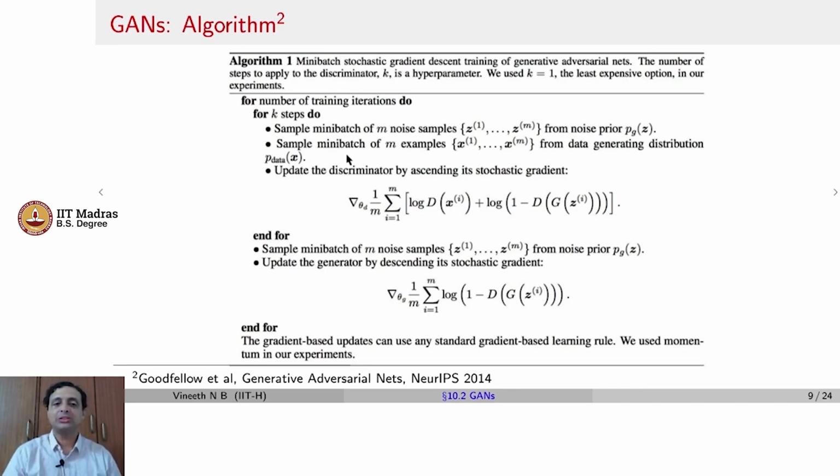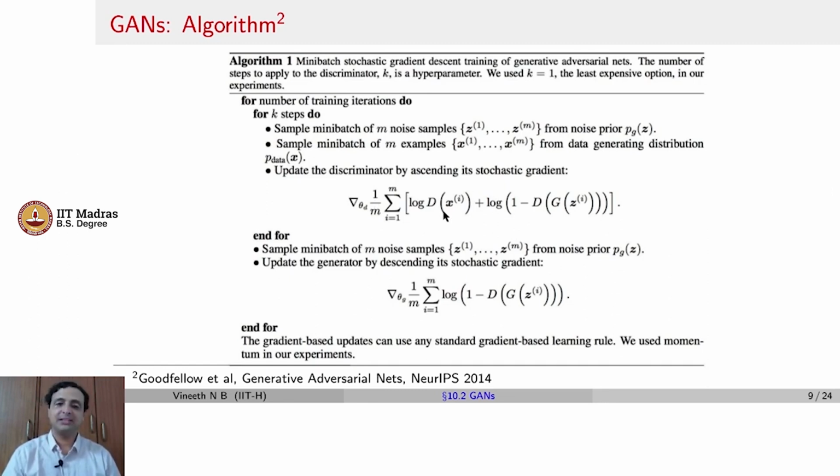Similarly, we also sample a mini batch of m examples from the original data distribution p data, which is your training data. Now remember, your overall objective is log of D of x plus log of 1 minus D of G of z, and remember that the discriminator wants to maximize both of these. That's what we said so far.